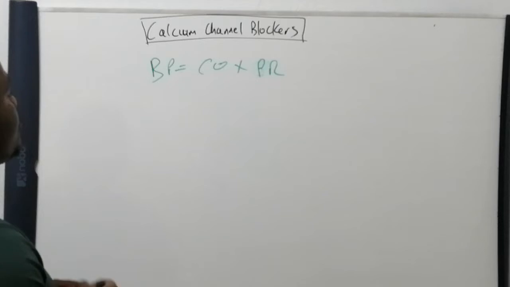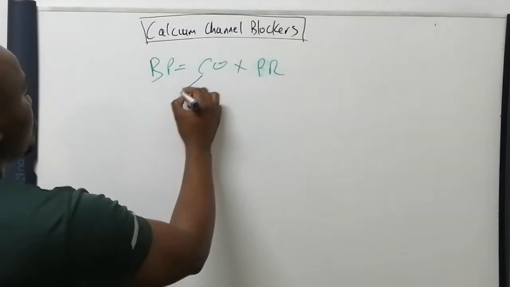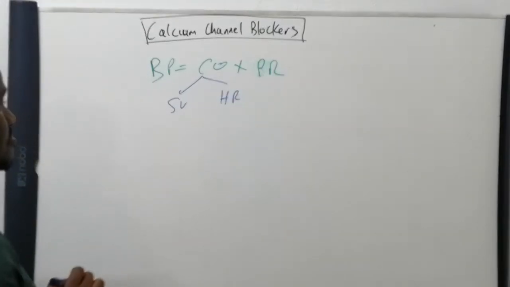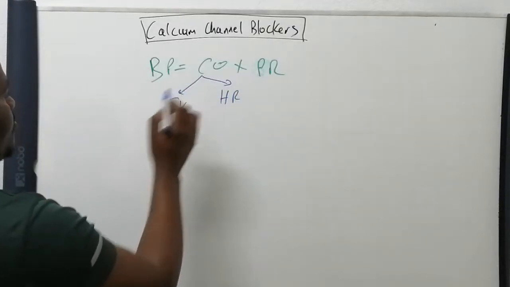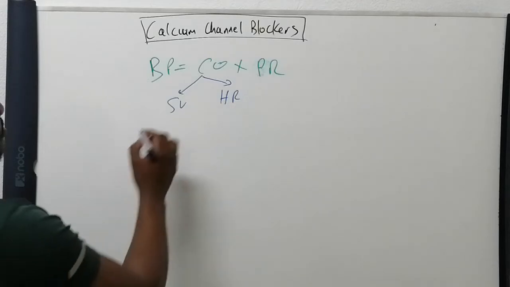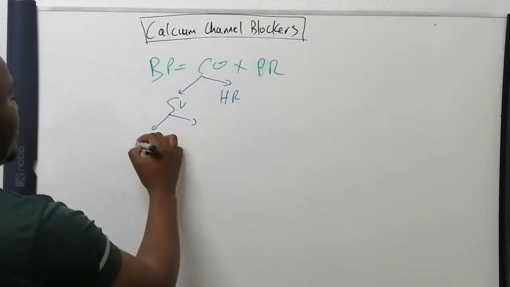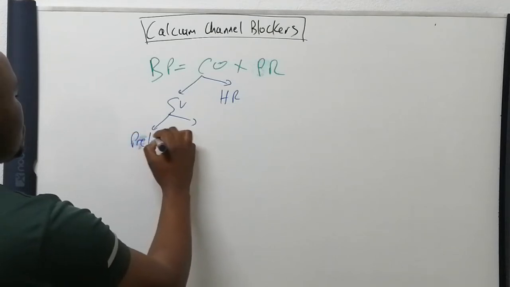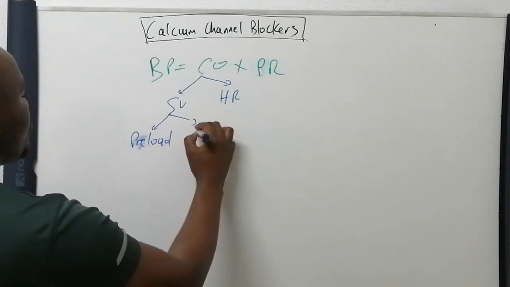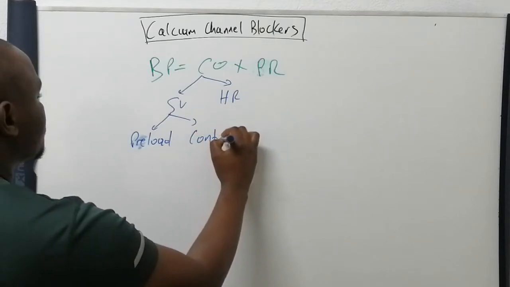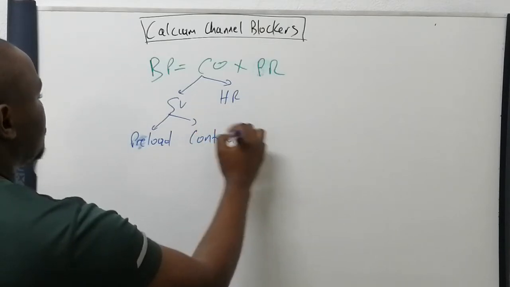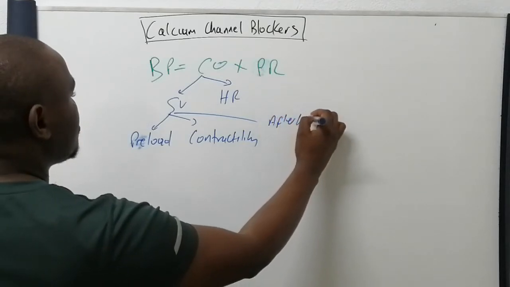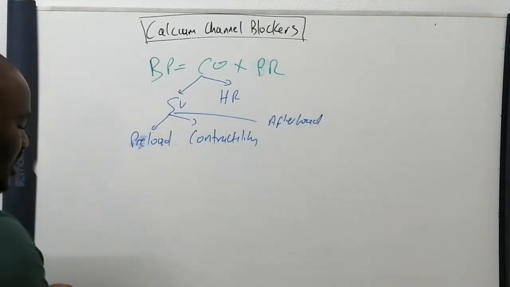And we said that cardiac output is stroke volume multiplied by the heart rate, right? And stroke volume is determined by preload, contractility and afterload, right? That's what we said.